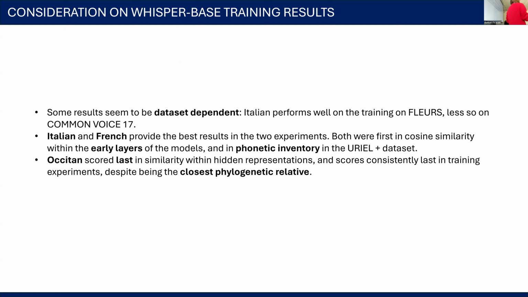Secondly, it looks like phonetic inventory is informative, and it looks like information in the early layers of the model is also important. Because afterwards, it's always Spanish being the closest one, but in the early layers where we have the local acoustic features being processed, that's Italian and French performing better.